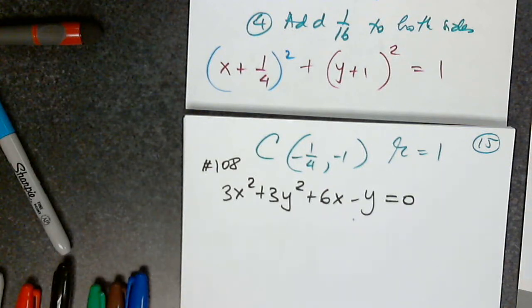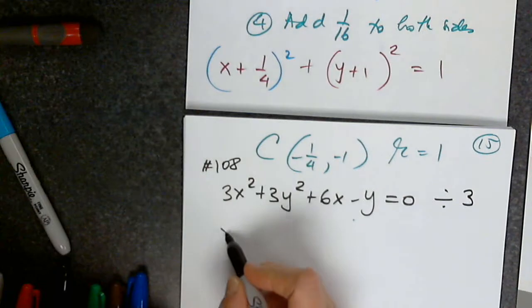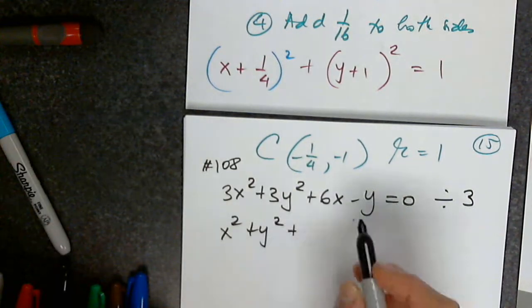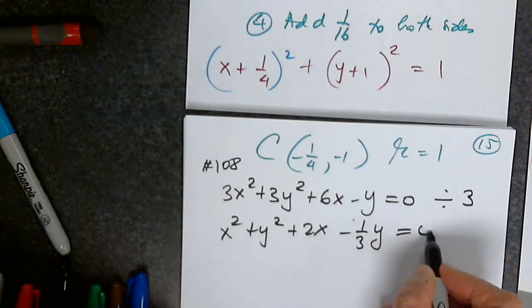The leading coefficient must be 1. The leading coefficient for x squared, the leading coefficient for y squared must be 1. I have no choice. So this is x squared plus y squared plus 2x minus 1/3 y equals 0.